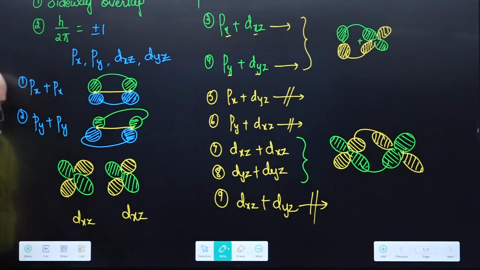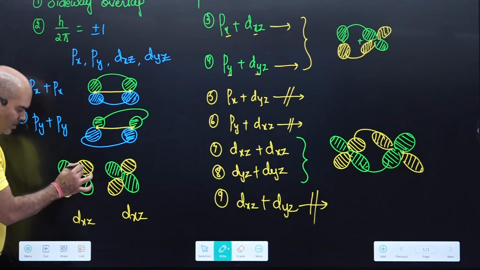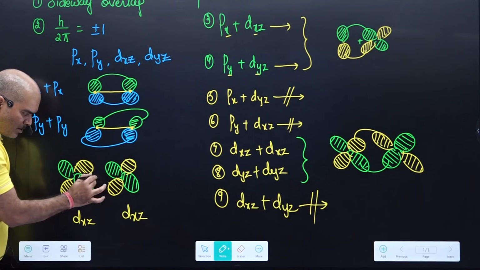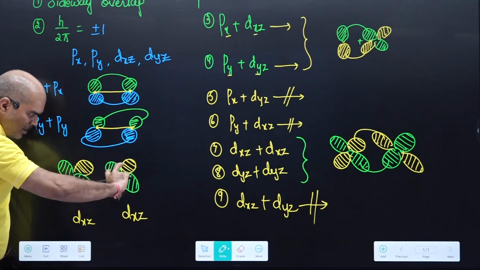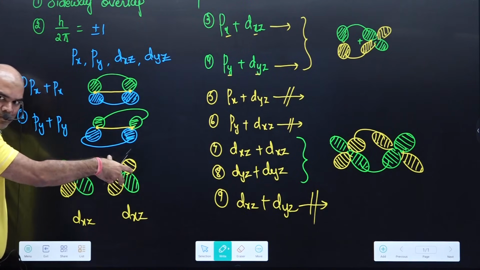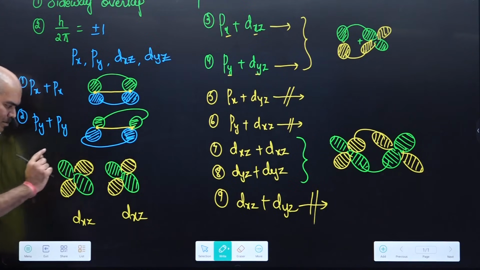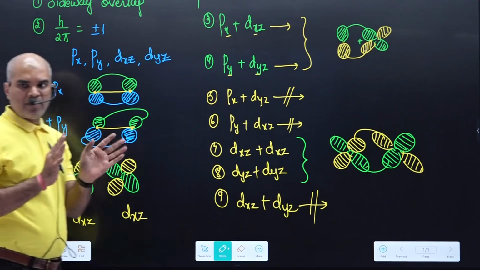Can they combine? In this way, can they combine? No, because if this is plus, this is minus. So combination is not possible. They can't combine. Then this has to orient itself so that it will match. Then combination is allowed. Otherwise, it will not.